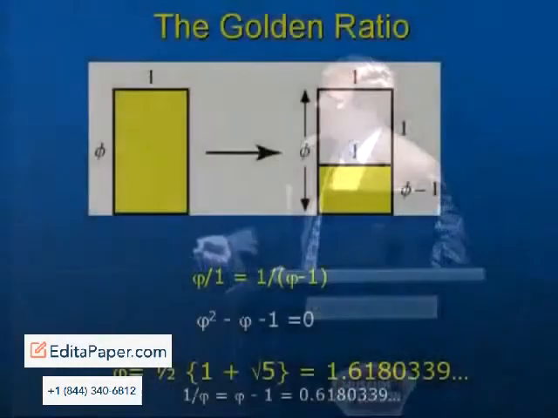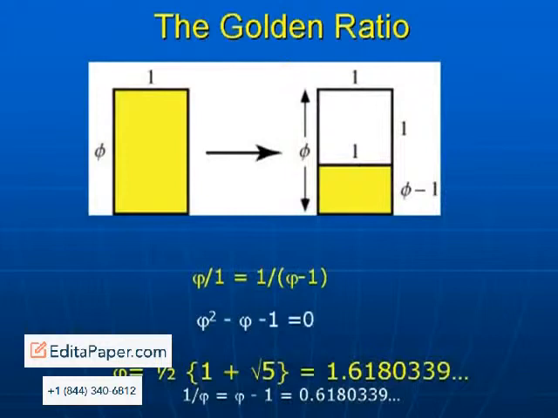Well, what is it? Suppose that you have a shape here. We'll draw it as an oblong. We'll say that the width is 1 unit and the height is going to be something else, which we'll call phi. And one traditional construction is, suppose that you take out a square from the top. So that's got side lengths 1 and 1.